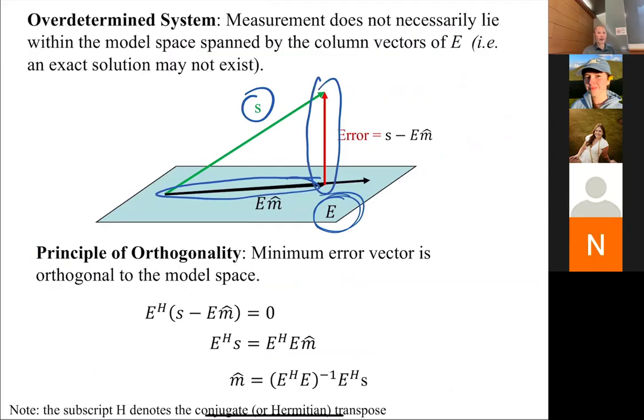And the error that makes it the smallest is the one that's perpendicular to my model space, right? So this is the principle of orthogonality, which comes up everywhere in engineering and science. You can convince yourself that if I took any other vector that wasn't perpendicular, it's going to be longer. So this is the smallest vector. That's what you're looking at when you have an overdetermined system.